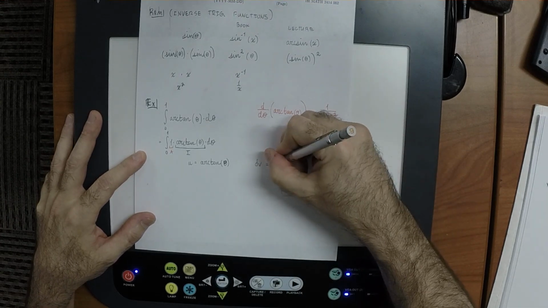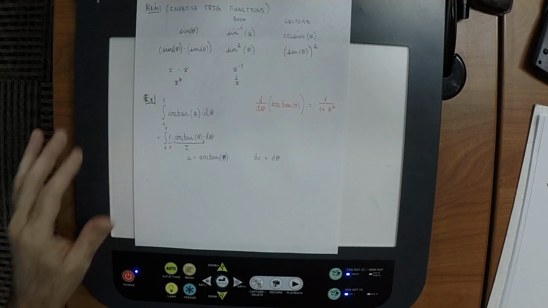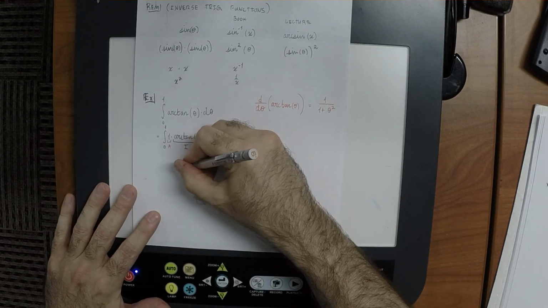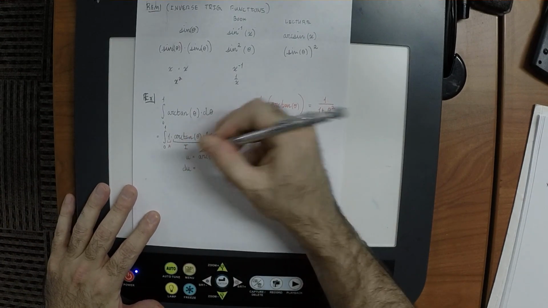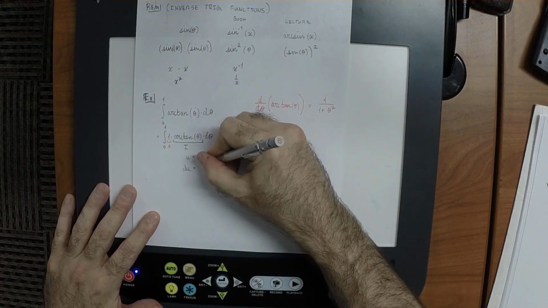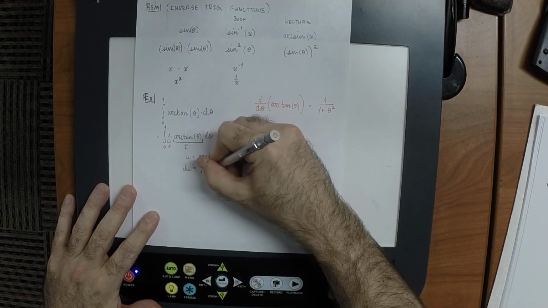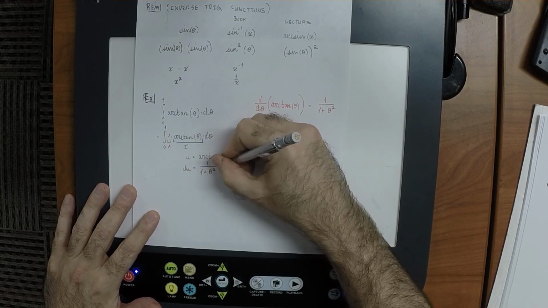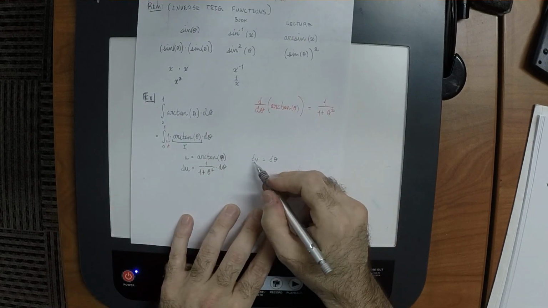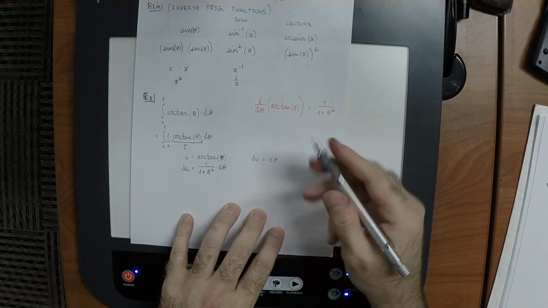Very good. Always everything else. Then from u we can find du. It's 1 over 1 plus theta squared d theta. And the antiderivative v would be just theta.